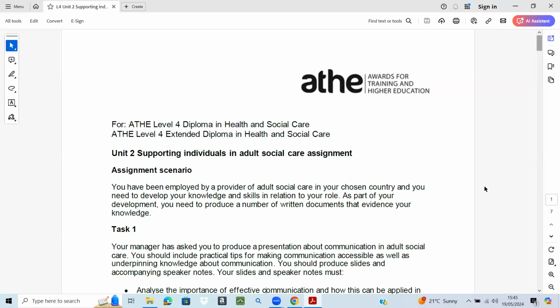Sometimes we do need to involve court cases if it is found that the person is suffering from a mental capacity issue. In unit two, learning outcome one, these were all the important points which we discussed.